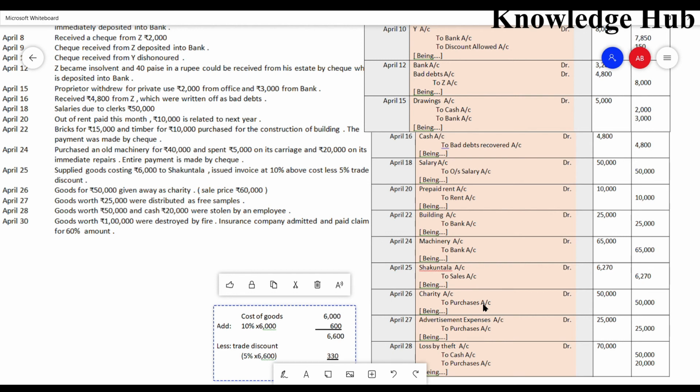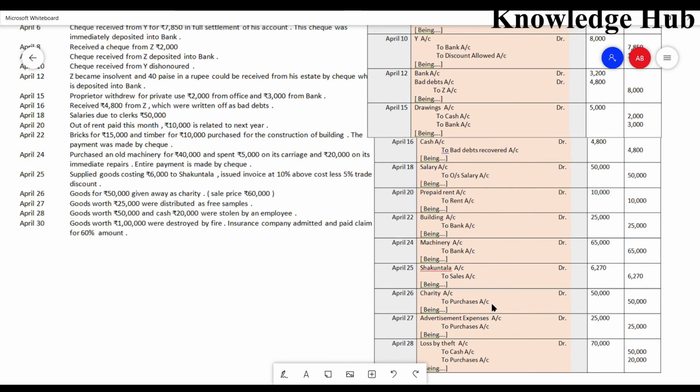It's my goods which are moving out. So I have credited my purchases. Purchases are normally debited because purchases refers to when I'm buying something. It adds value. But here it is not adding value. It is something which I'm giving away, which shows my stock moving out, but this is not sales. So I have credited purchases account for an amount of rupees 50,000. Let's move into the next transaction.